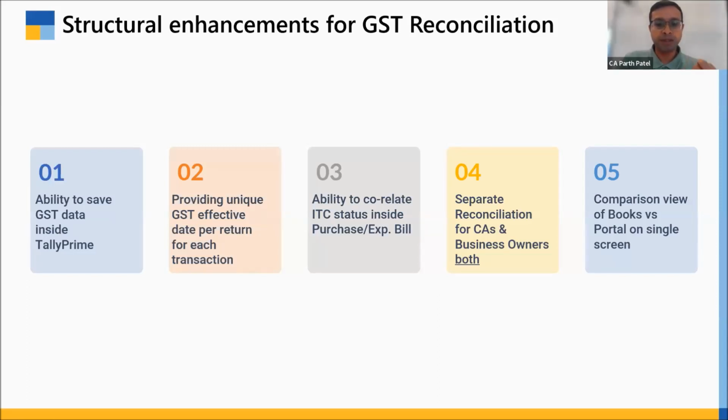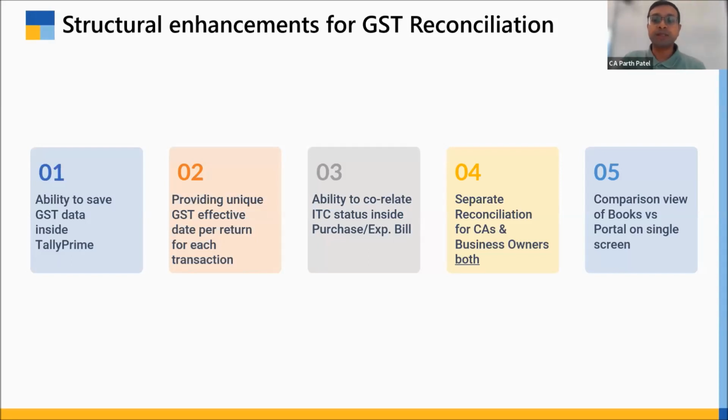We have a particular problem with respect to an expenditure or a party, or with respect to a set of records. So how will we handle that kind of situation? Tally's ability to correlate that ITC status inside the sales entry or a purchase entry will help users to fetch the data in the future without doing anything. It will be effortless data fetching.